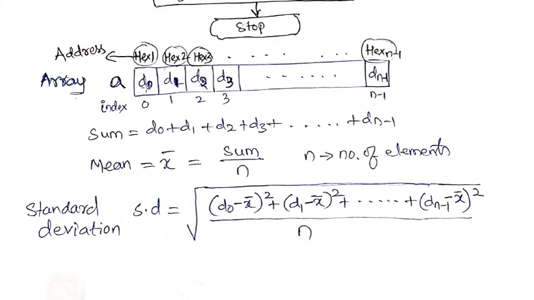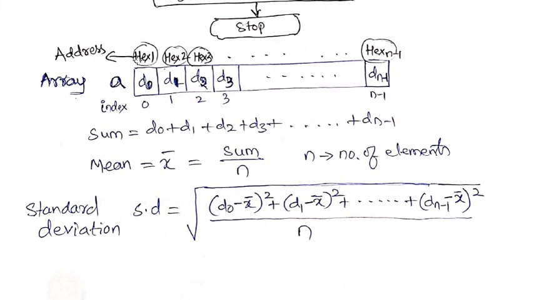Suppose we have integers, and an integer takes 2 bytes, then we will have 2 bytes, the next 2 bytes, and the next 2 bytes, and so on. And each of these memory locations where an array element is stored has an address, and that address is in hexadecimal format, and using that address we can access the array element.